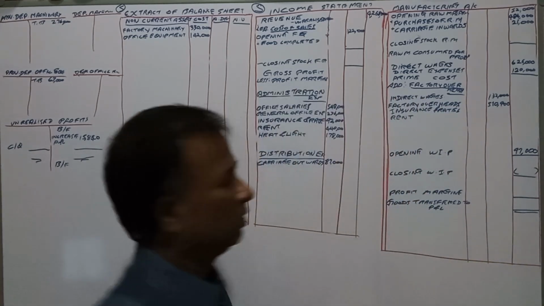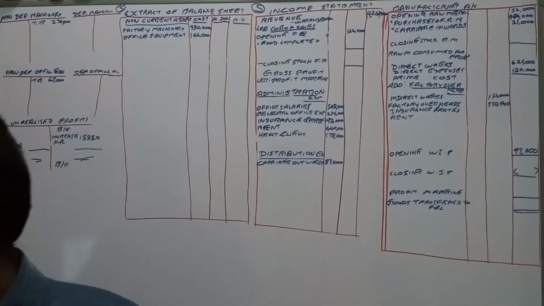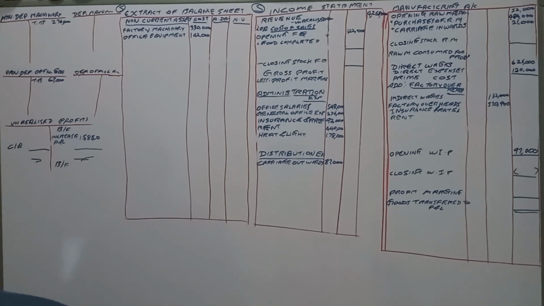Okay. So here, question number 5, they have said Factory Ted is the owner of a manufacturing business. The following information is available for the year ended 31st December 2023.